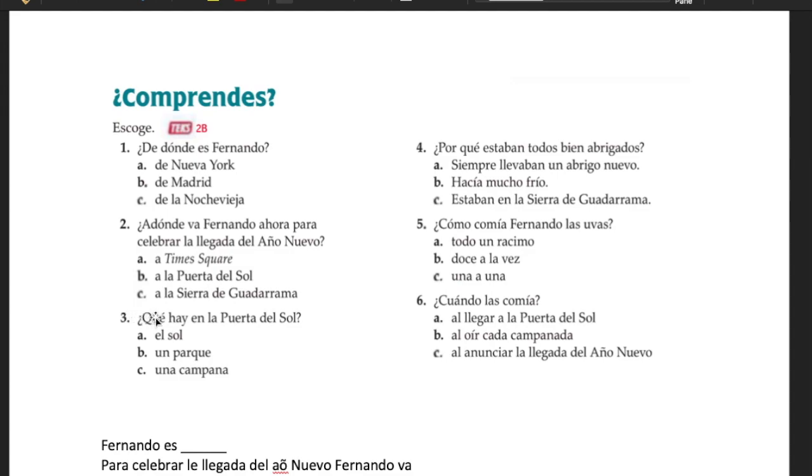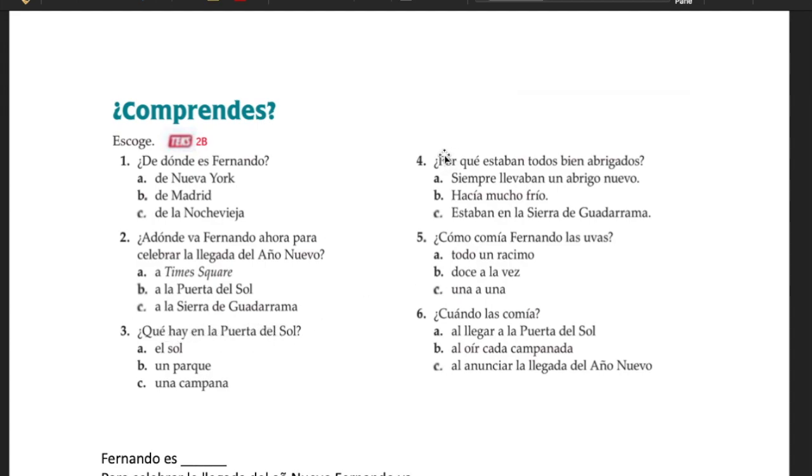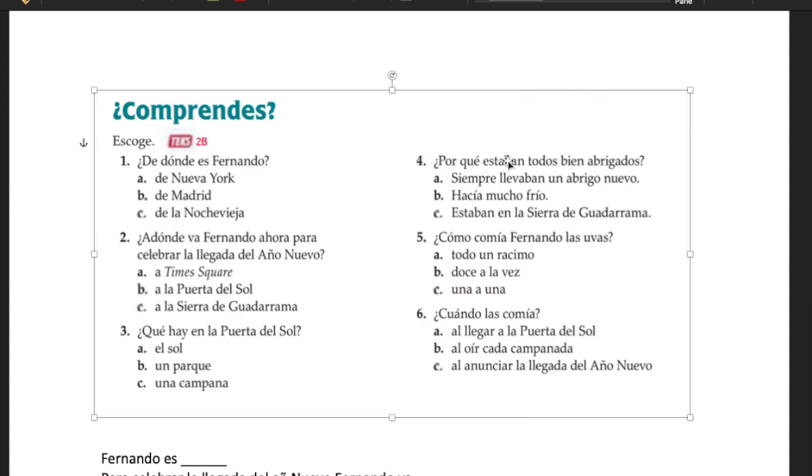Then number 3, ¿Qué hay en la Puerta del Sol? Puerta del Sol is a plaza, so it's asking what's at the Puerta del Sol plaza. What's there? Number 4, ¿Por qué estaban todos bien abrigados? Why was everybody wrapped up?